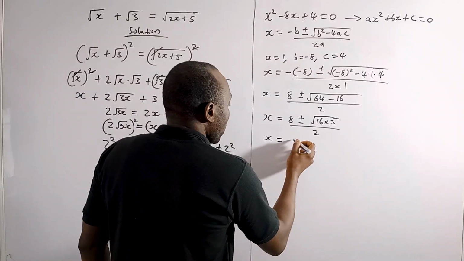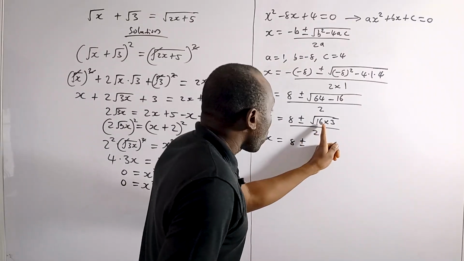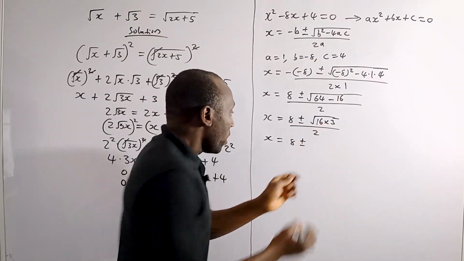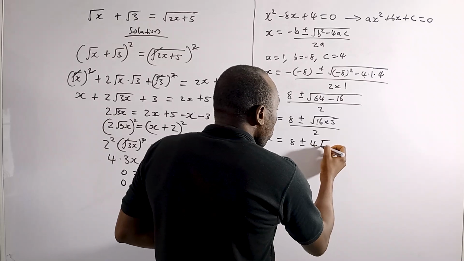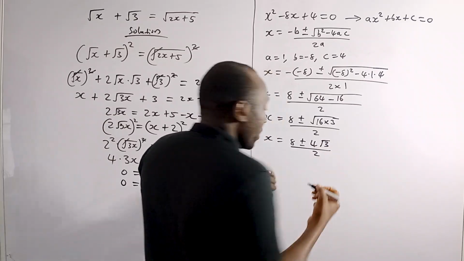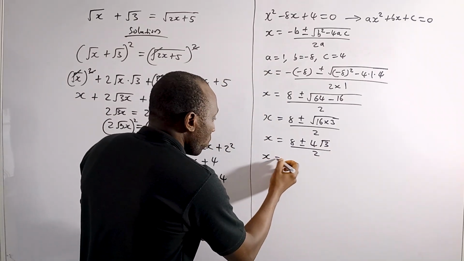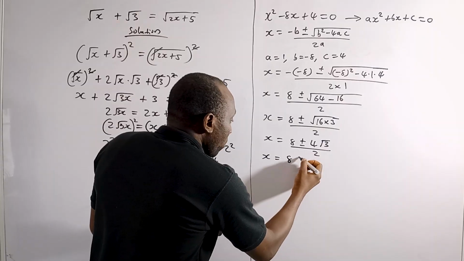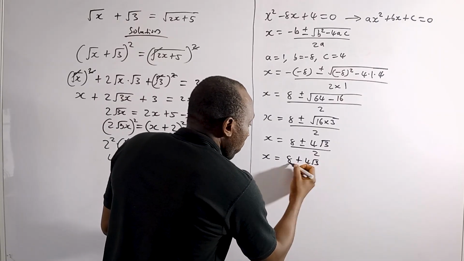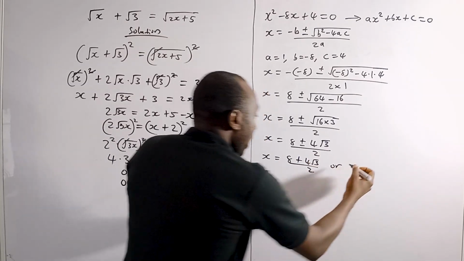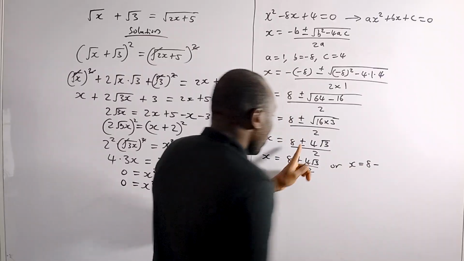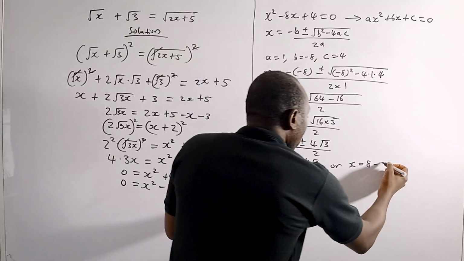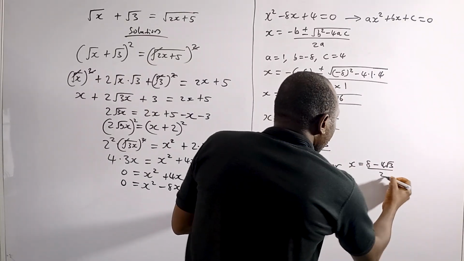So x is equal to 8 plus or minus the square root of 16, which is 4. So I can rewrite this as 4 root 3, then over 2. Finally, x is equal to 8 plus 4 root 3 over 2, or x is equal to what? 8 minus 4 root 3 over 2, because of plus or minus.